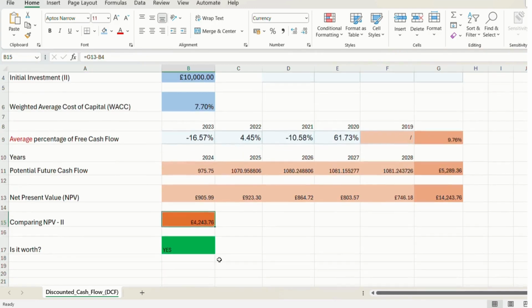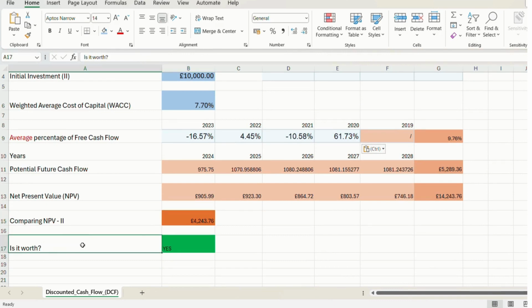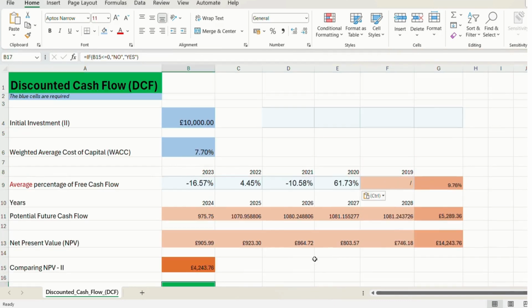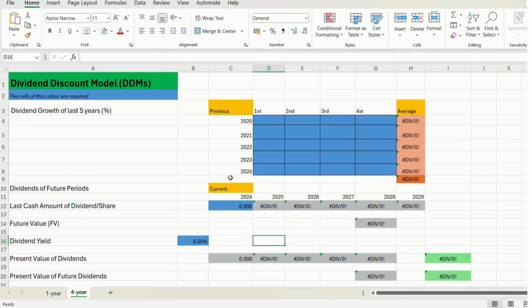Okay, and as you can understand, the answer to whether it is worth it is absolutely yes. So it's a first good element for us to understand that it can be a company in which we could invest. Okay, right, let's keep going with our dividend discount model.